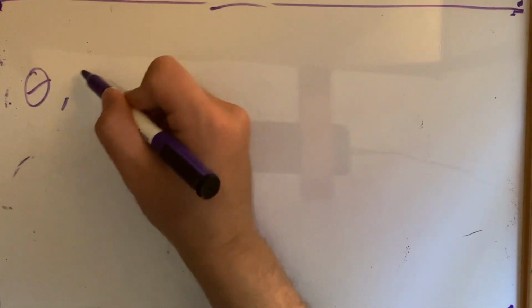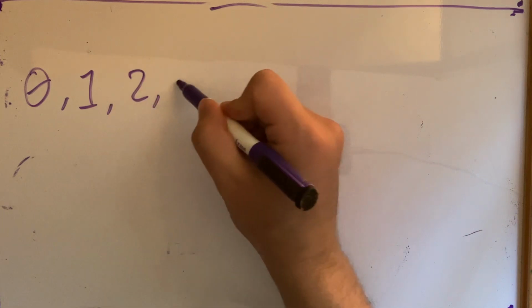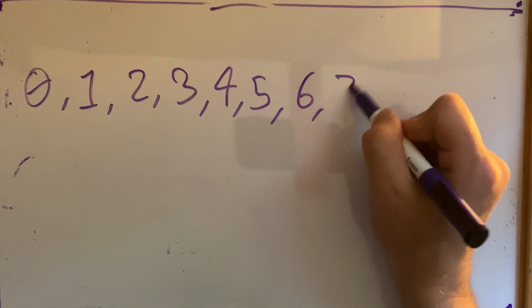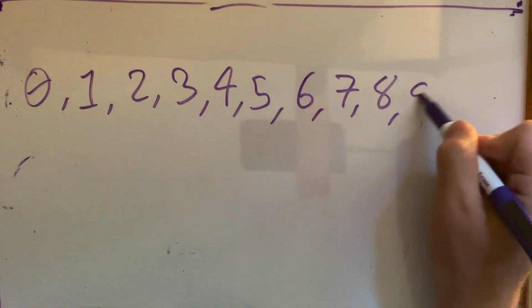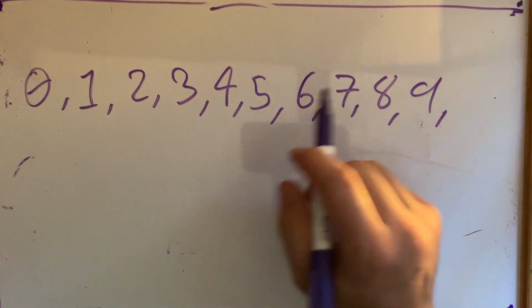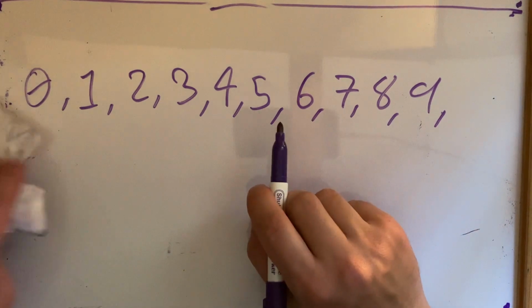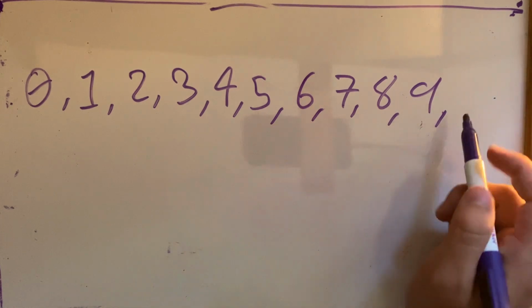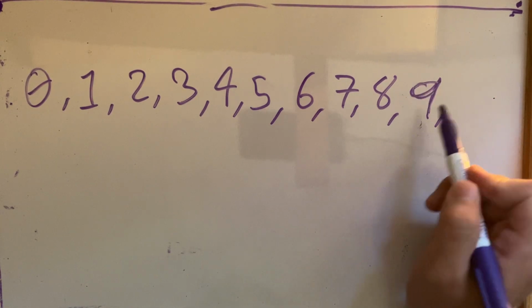0, 1, 2, 3, 4, 5, 6, 7, 8, 9. Right? These are the Indian numerals, or the integers. We have 10 of them. You might be a little confused when I say 10, because you see the number 9 here.